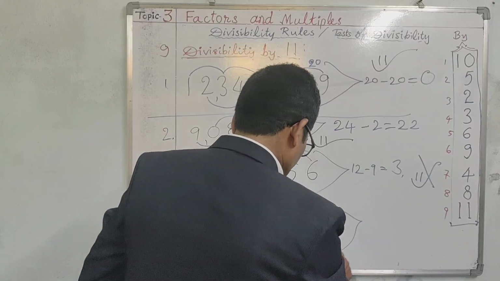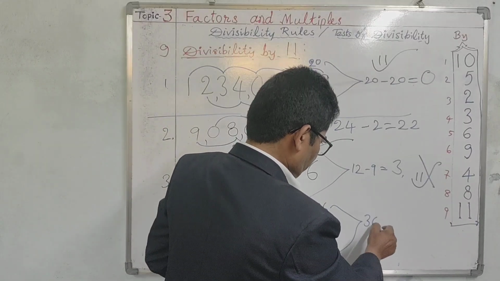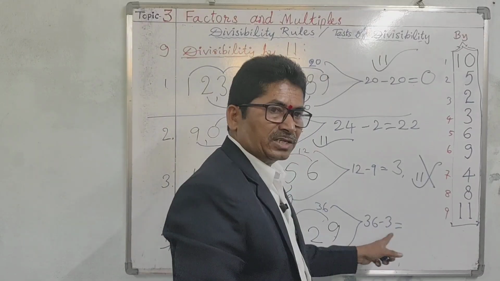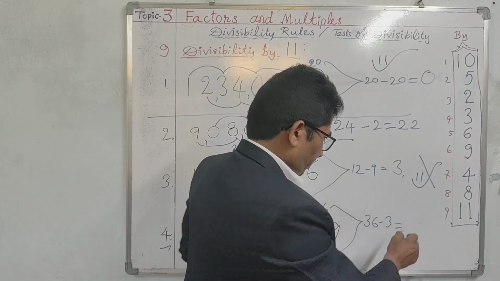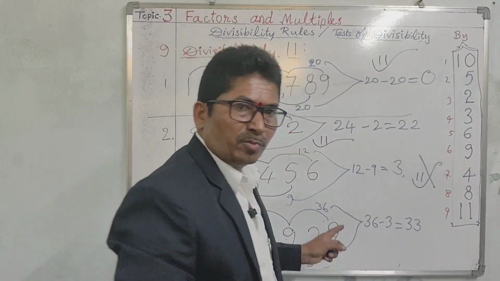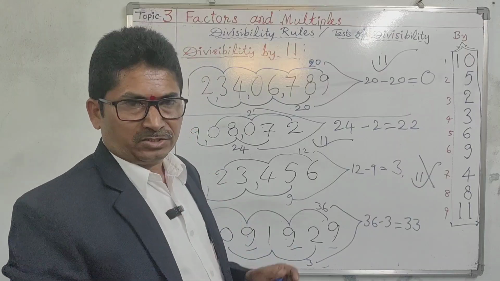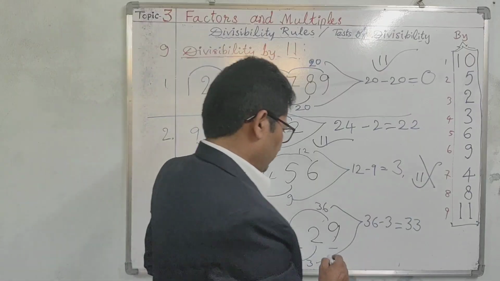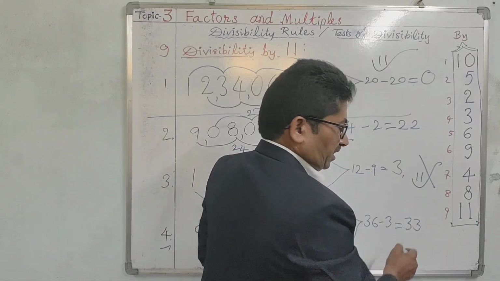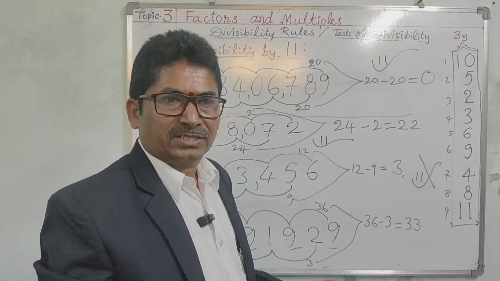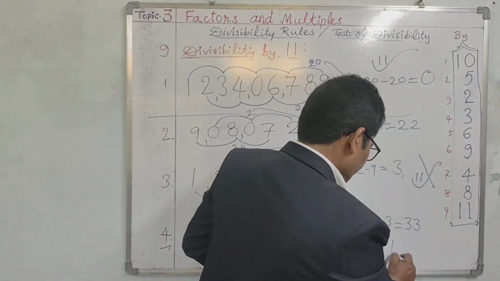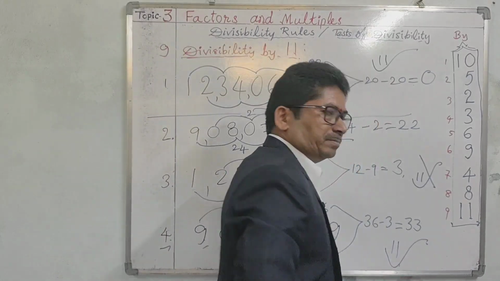The difference of these sums is 36 minus 3, which is 33. Is this divisible by 11? Yes, this is exactly divisible by 11. Why? 33 is a multiple of 11. 11 threes are 33. So that's why it is exactly divisible by 11.